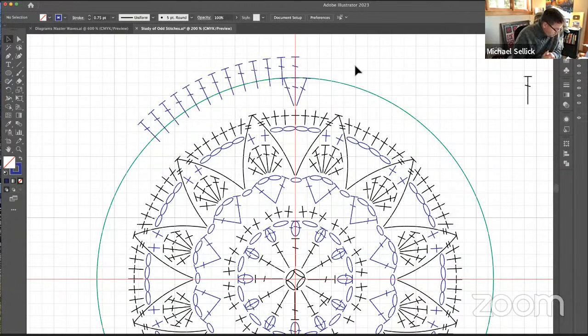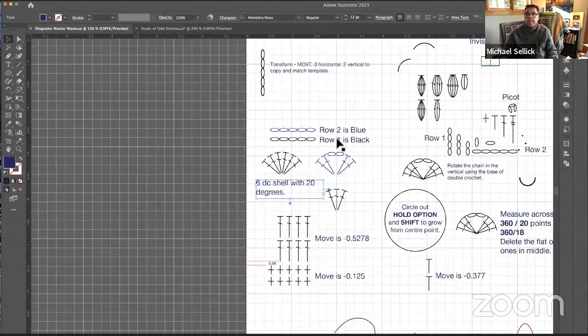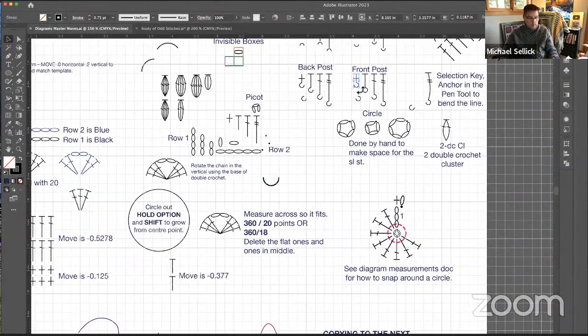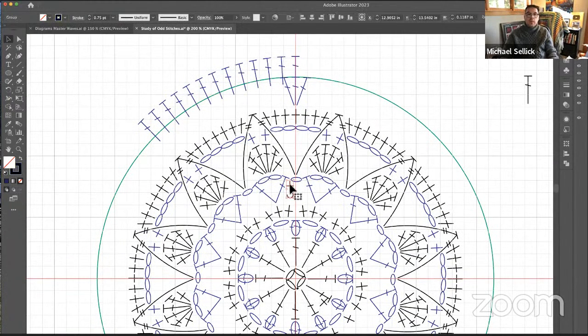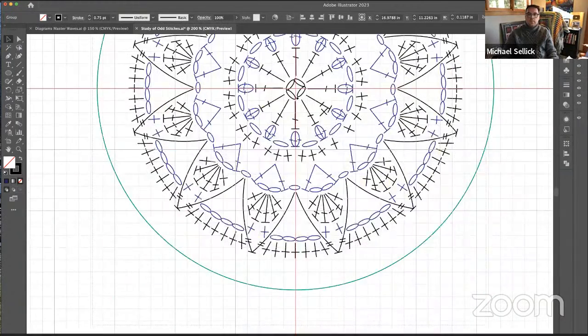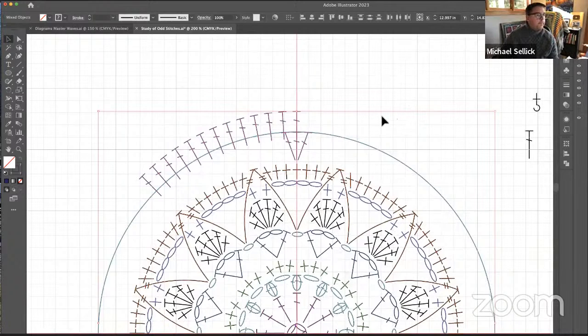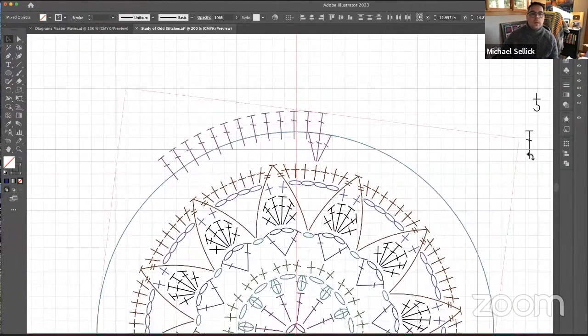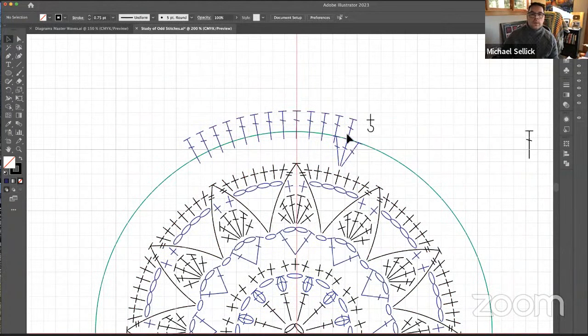So now I'm going to do a single crochet front post around this one here. So he has to be blue.